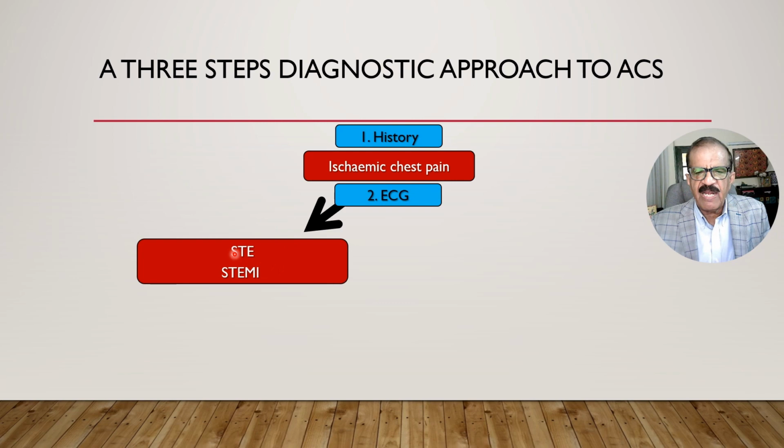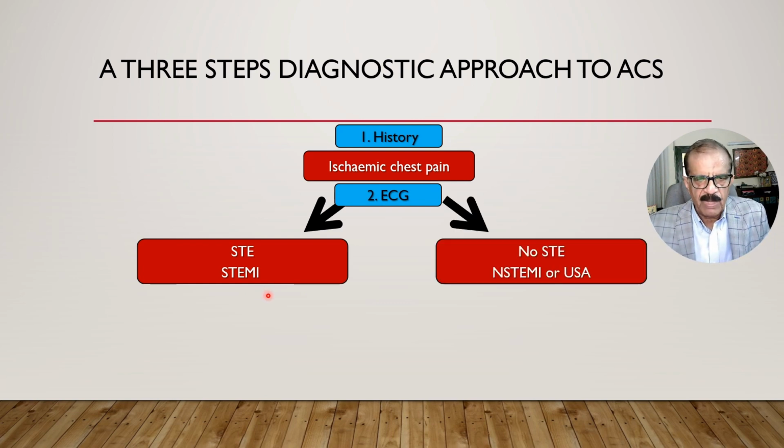So if there is significant ST segment elevation, this patient would be labeled as ST segment elevation myocardial infarction, and this patient would follow a certain trajectory. I think this patient should be moved to an emergency setting, ideally the cath lab, for immediate revascularization, reperfusion.